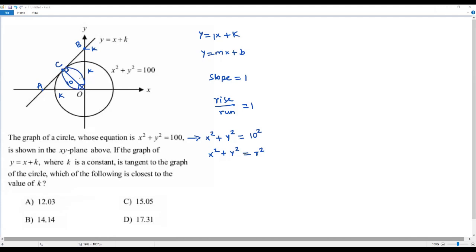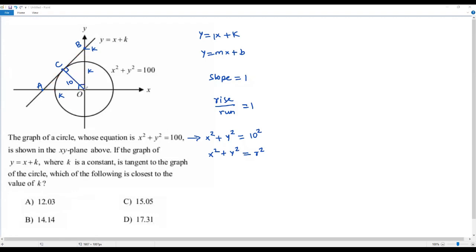So this is an altitude of the triangle, and this altitude is drawn between the two equal legs of this right triangle OAB. Whenever we draw an altitude between the two equal legs of a right triangle, the altitude will divide the right triangle into two congruent isosceles right triangles. That is, triangles OAC and OBC are congruent isosceles right triangles.